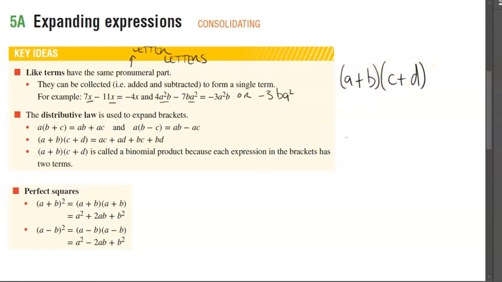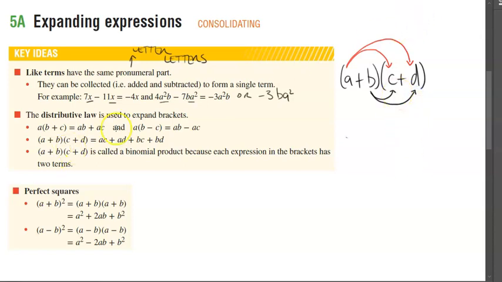In other words, whatever term we have within the first bracket gets distributed out to the c. So we have the a times the c, and also with the d, so we have a times d. And then the b will be the next thing that gets distributed out, so b to c first, and then b to d.